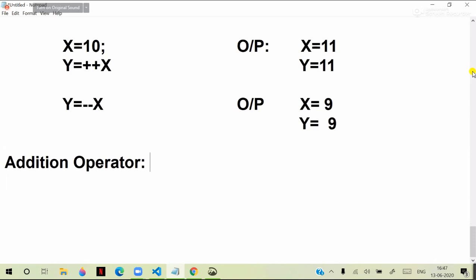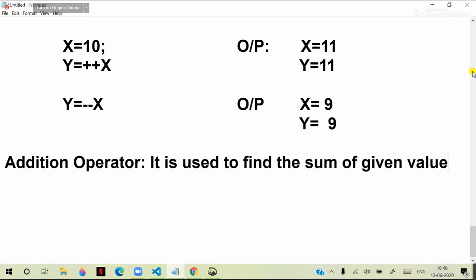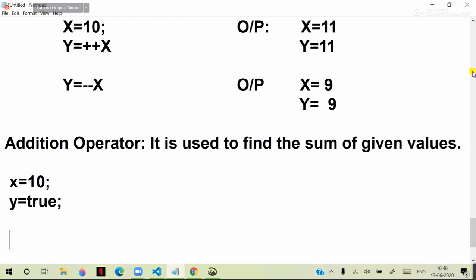Technically, the addition operator is used to find the sum of given values. Suppose I defined X is equal to 10, Y is equal to true, then X plus Y, is it valid or invalid?